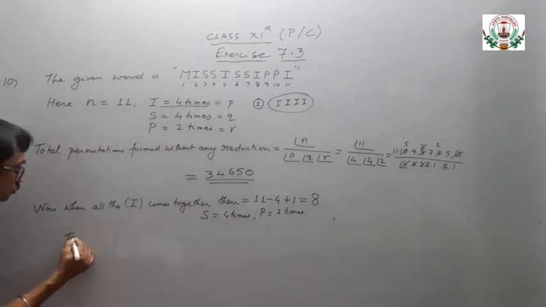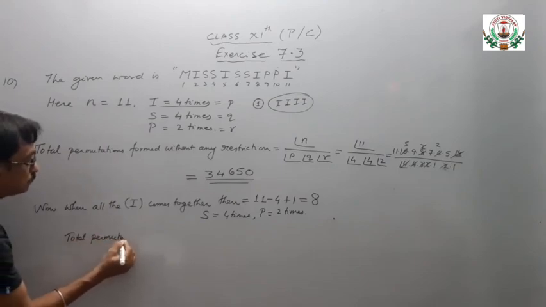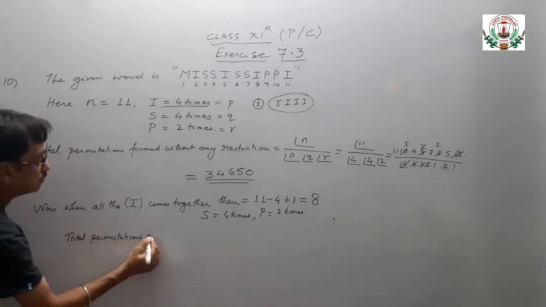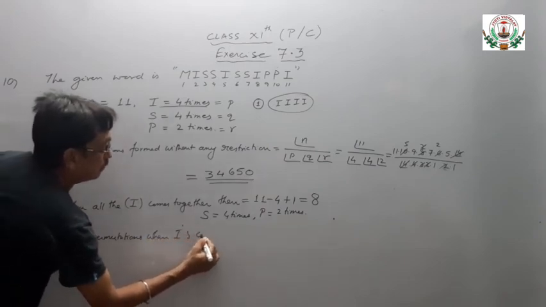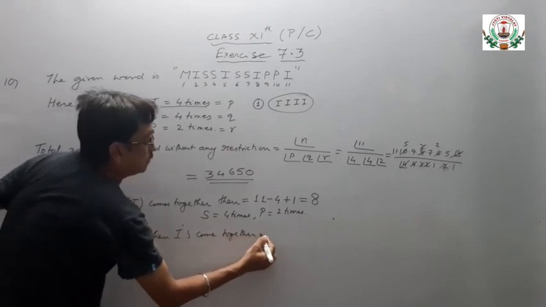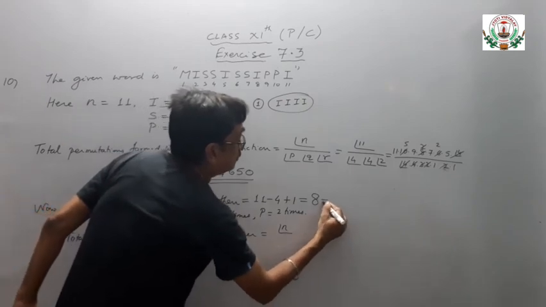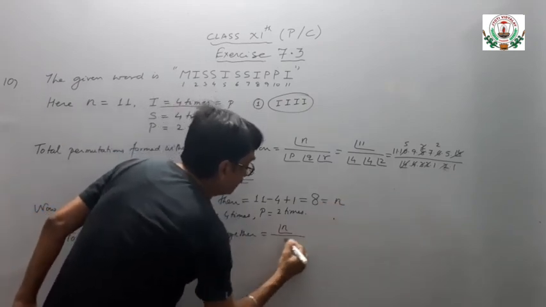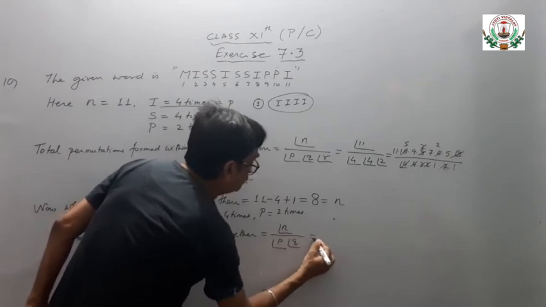So the total permutations when the I's come together will be factorial n upon factorial p, factorial q.